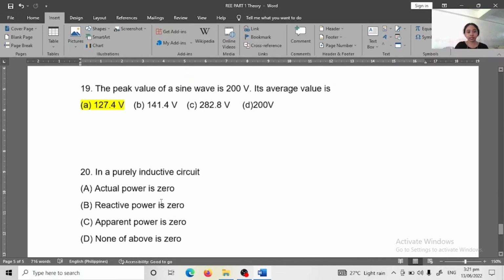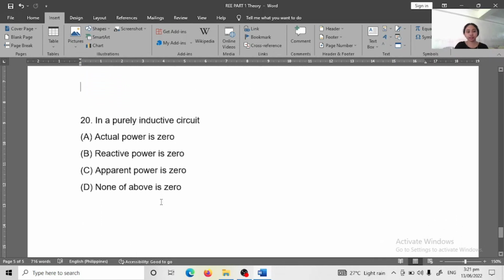And then number 20. In a purely inductive circuit, A. actual power is 0, B. reactive power is 0, C. apparent power is 0, D. none of the above is 0. So if you have a purely inductive circuit, the actual power is equal to 0.